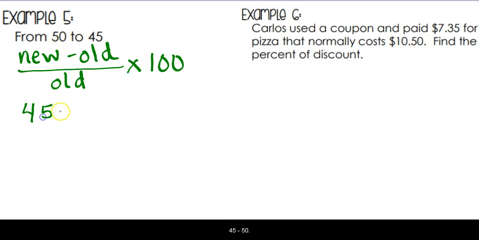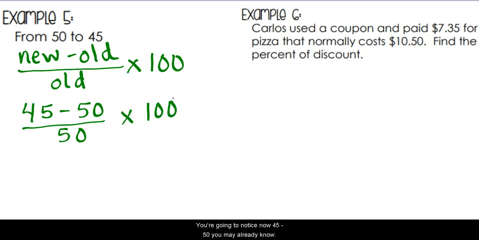So 45 minus 50, and I'm going to divide that by the old amount, which is 50, and multiply by 100. Okay, you're going to notice now 45 minus 50, you may already know that that's going to give you what type of number? It's going to give you a negative number, but that's okay because we're calculating percent decrease now, so it should be a negative.